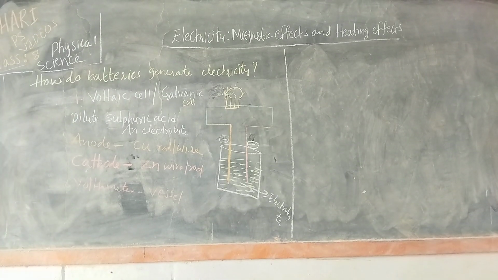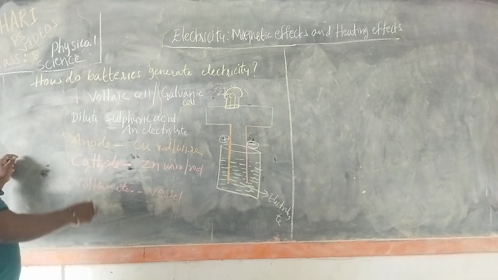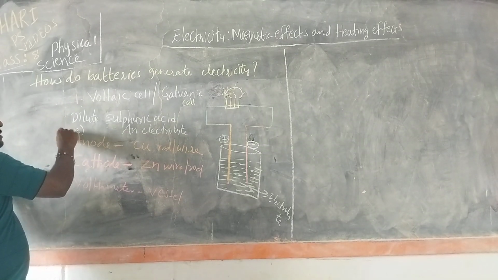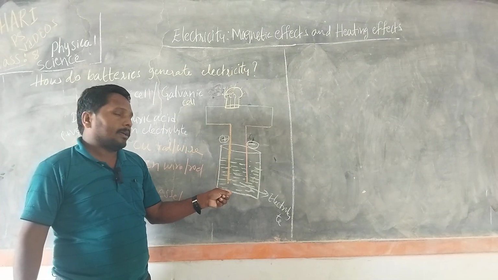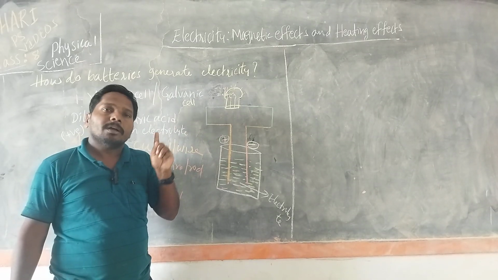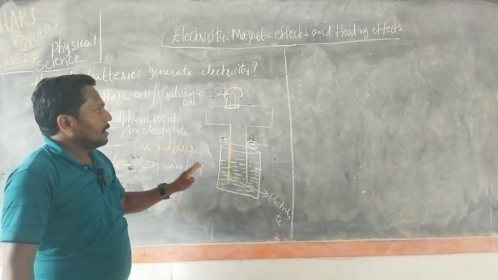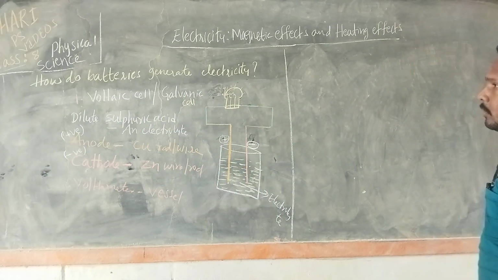So copper acts as a positive electrode, and zinc acts as a negative electrode. So this is about the simple voltaic cell.